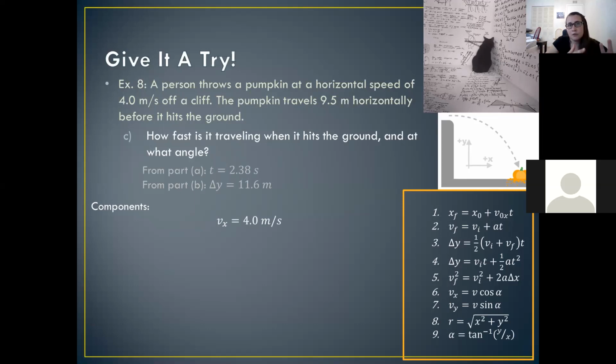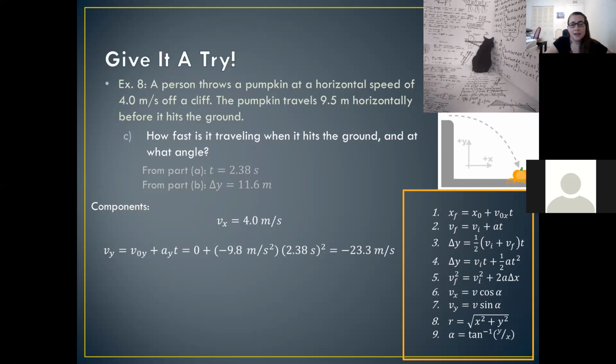So if it starts out at 4 meters per second, at any point in between, the velocity in the x direction will be 4 meters per second. Our y velocity, we're going to use equation number 2 because that's the most convenient to use given what we're given. And so that gives us, ooh, there's a time squared in there, another mistake, so sorry.